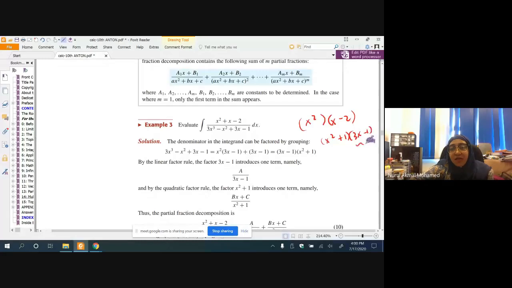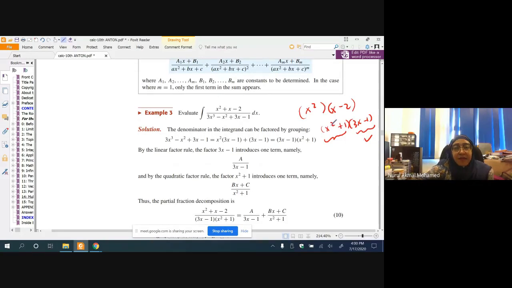So this part is okay. This part is okay. What is not okay is this one. We have to manipulate this part here. This is okay because the coefficient is just a divided by 2x minus 1, because it's just linear, but this is not. So for this part here, x squared plus 1, it will be bx plus c divided by x squared plus 1.